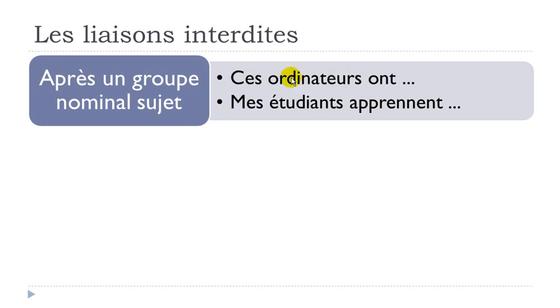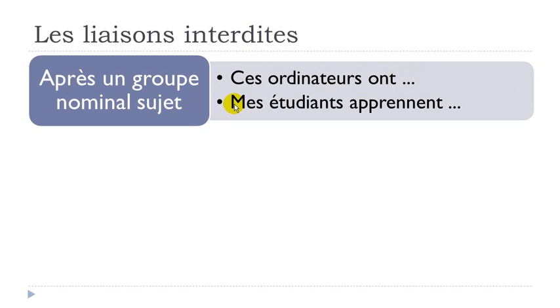In that case, it's not a first name, and it's not a pronoun, je, tu, il, etc. It's a word or a group of words. And in that case, you don't make a liaison after this groupe nominal. So ces ordinateurs, you don't make the liaison between this word and the verb that comes after. Ces ordinateurs ont, and the sentence continues.